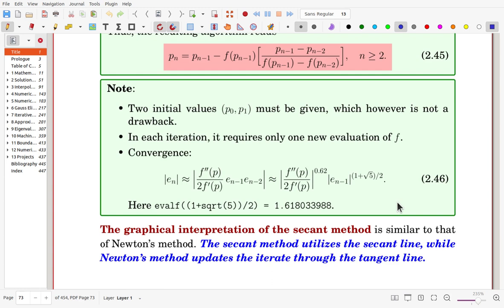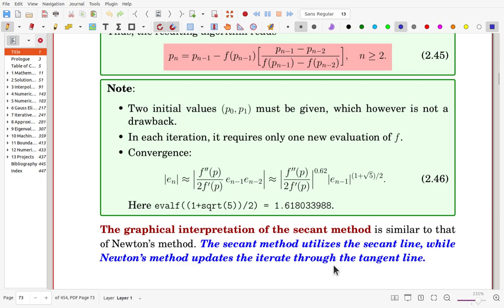The graphical interpretation of the secant method is similar to that of Newton's method. The secant method utilizes the secant line. That's the reason we call it the secant method, while Newton's method updates the iterate through the tangent line.